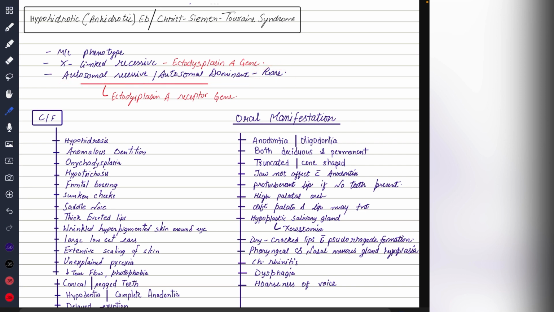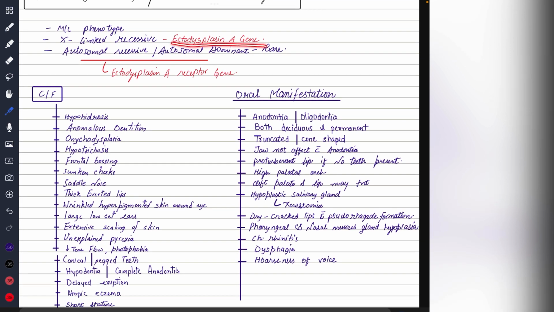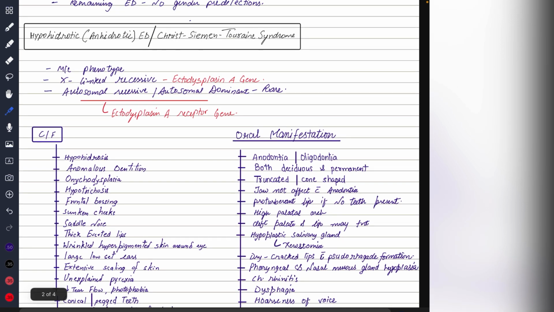And if they ask you which gene is most affected, it is the ectodysplasin A gene. You have to remember just one gene only. Out of all of the 200 syndromes, you just have to remember these two, and in that, just remember the ectodysplasin A gene.